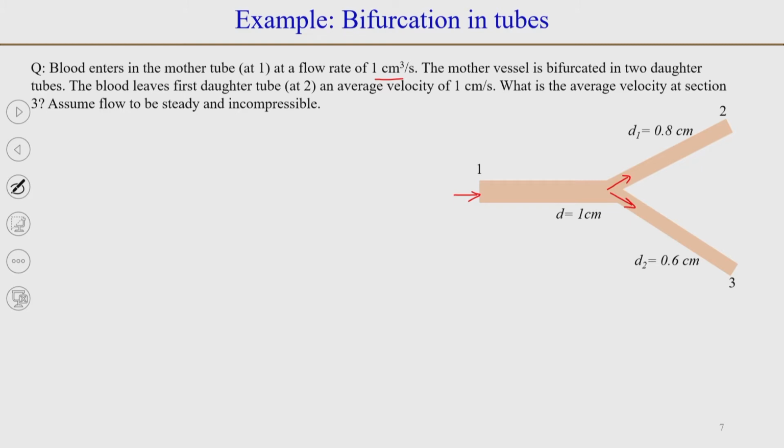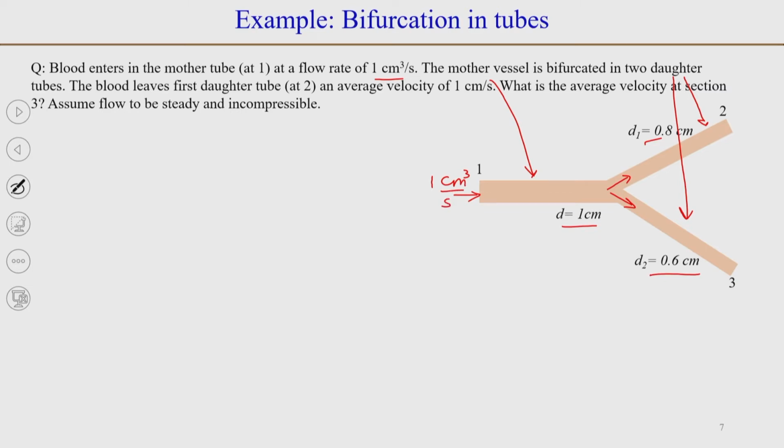This is what is referred to as the mother tube or mother vessel, and then it has two daughter vessels, daughter vessel 1 and daughter vessel 2. The diameters of the daughter vessels are given, as well as the flow rate at which the blood enters, 1 centimeter cube per second.